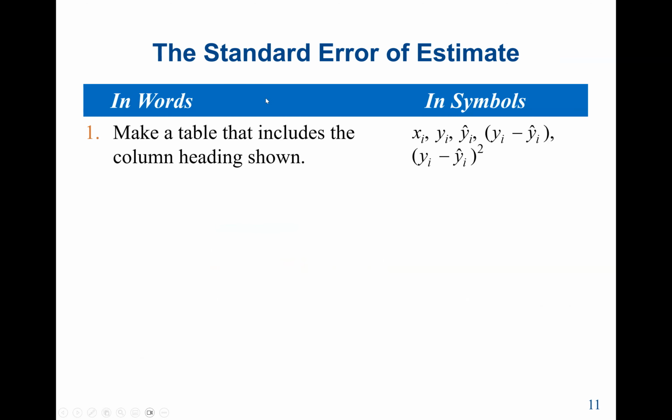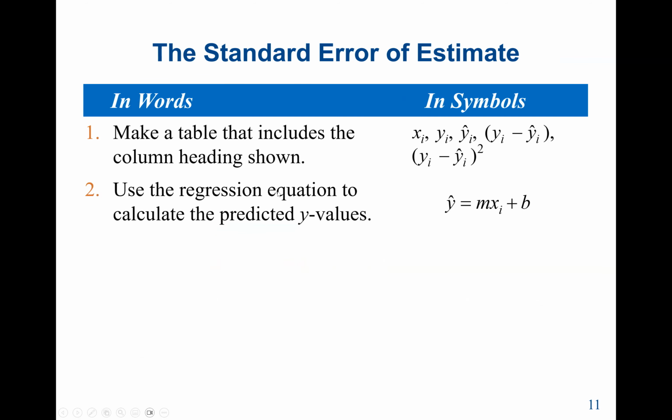So let's follow the steps here, in words and in symbols, to get the standard error of estimate. First we make a table that includes the column headings: X, Y, Y hat, the difference Y minus Y hat, and the difference Y minus Y hat squared. Then we use the regression equation to calculate the predicted Y values.